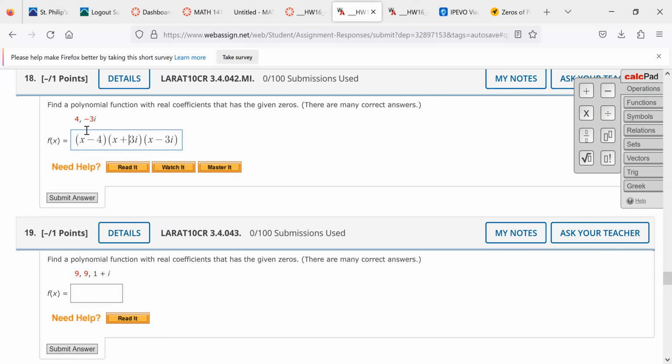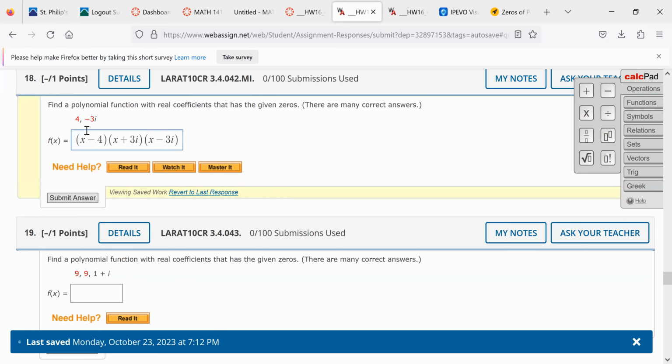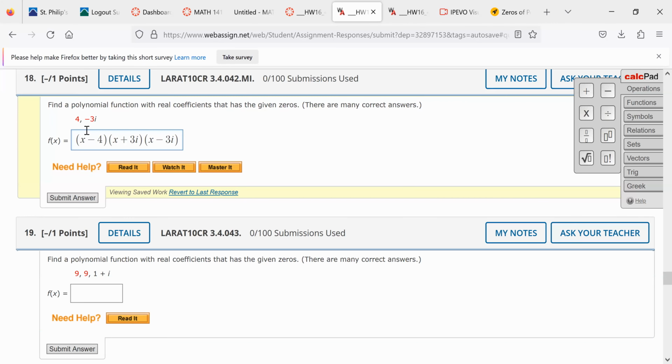So this is a function that technically has those zeros, because we said if they're zeros, then they can be written as linear factors. So I can just write them as linear factors as my answer. The only thing is, I don't know if they want me to multiply it out.